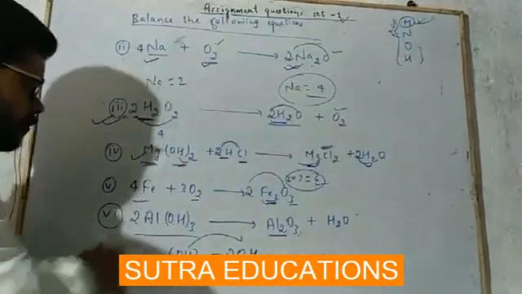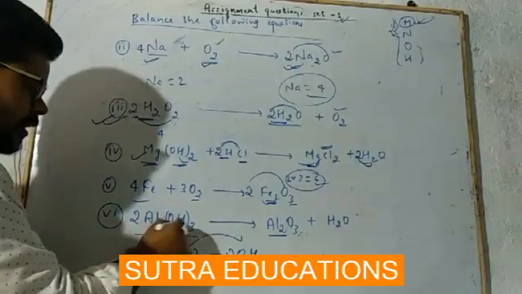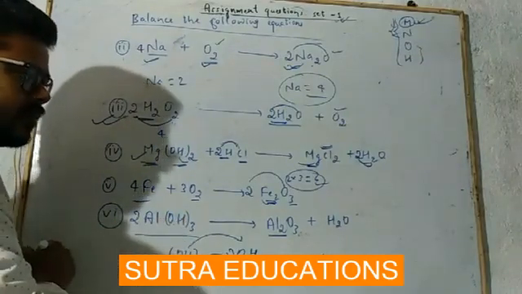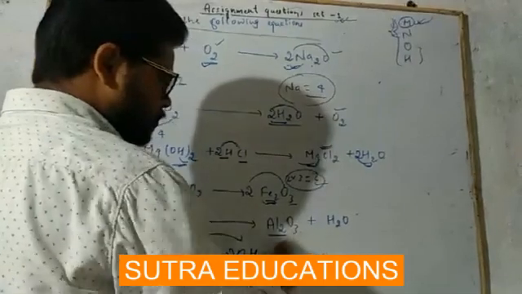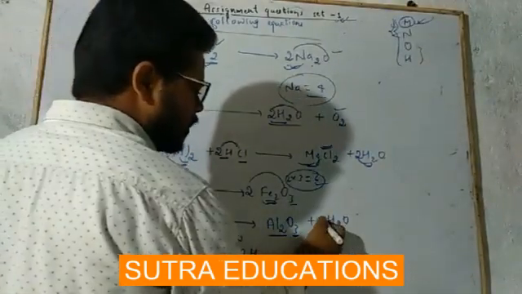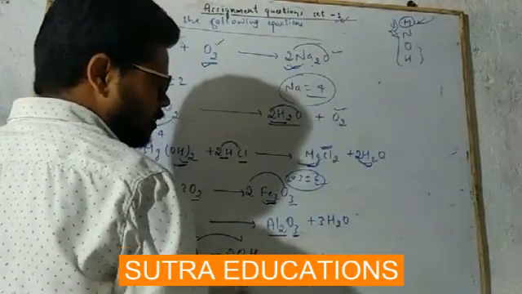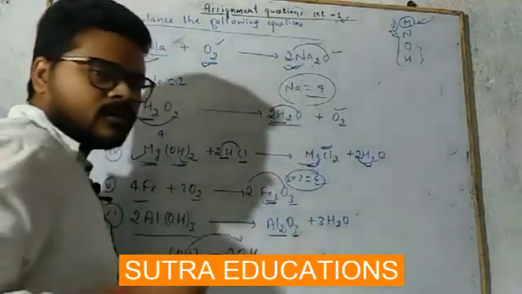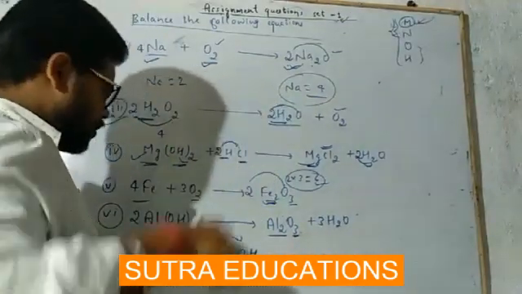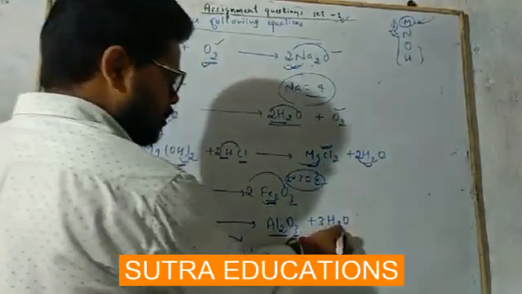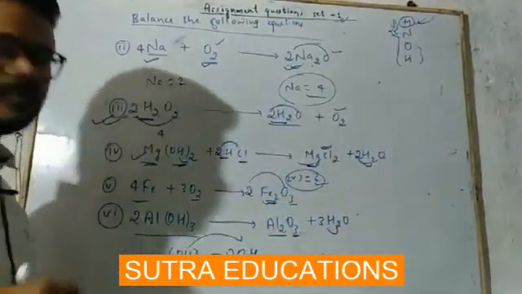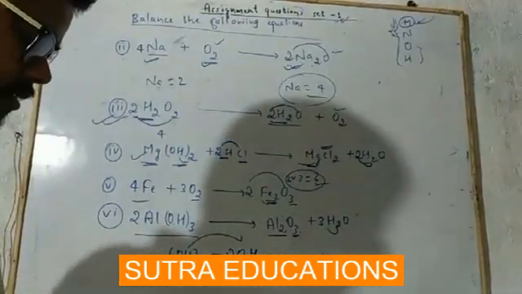Getting it? Here oxygen present is 6, hydrogen present is 6. So 3 oxygen is here, so multiply this by 3, so that 3 plus 3, 6 oxygen will be there. Now check for the hydrogen. Hydrogen 3 into 2, 6, so the reaction is balanced.